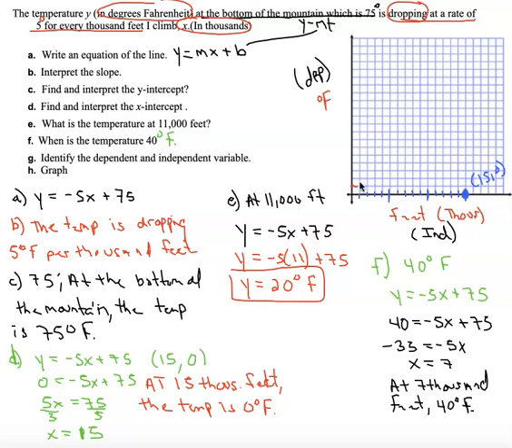So I'm going to count 5, 10, 15, 20, 25, 30, 35, 40, 45, 50, 55, 60, 65, 70, 75. So right here is the coordinate 0, 75. And to graph a line, all you need is 2 coordinates. So now I have my 2 coordinates, and I graph my line.